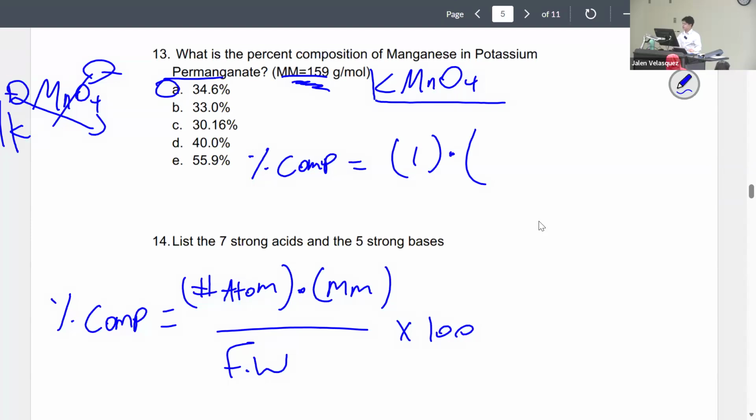Yeah, it's about 55, right? And what's my formula weight? If I didn't give this to you, how would you figure that out? It's the molar mass of this whole thing. So you add K, Mn, and then the 4 oxygens. But here, for potassium permanganate, I gave you the molar mass to save some time. So it's 159.